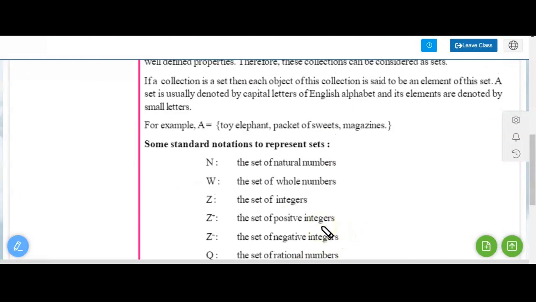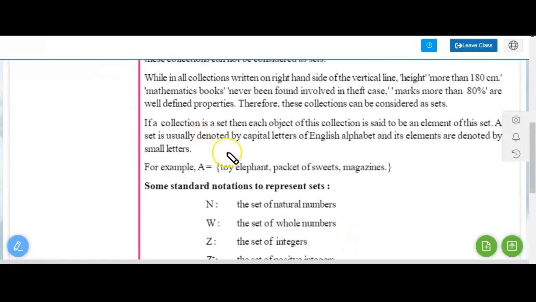Okay, now let's see an example: toy, elephant, packet of sweets, magazines. This can be expressed as a collection, and these objects are known as the elements of your set.